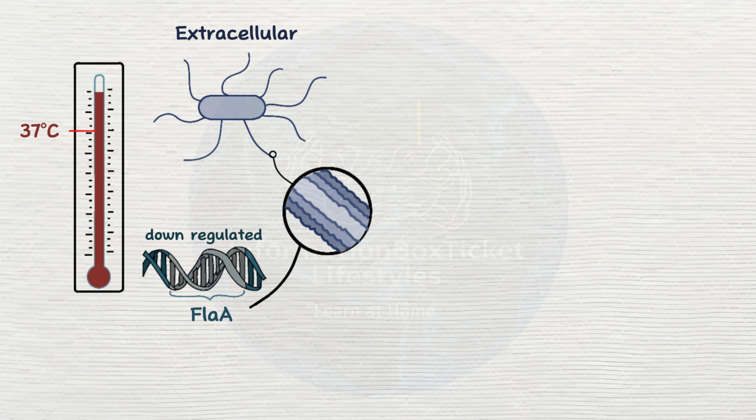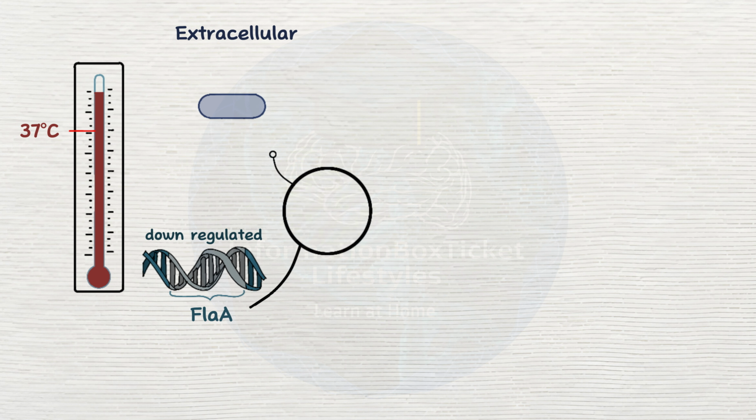So above 37 degrees, there's reduced production of flagellin proteins, meaning no flagella being made, rendering L. monocytogenes non-motile.